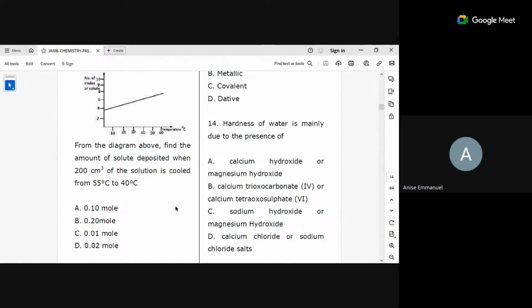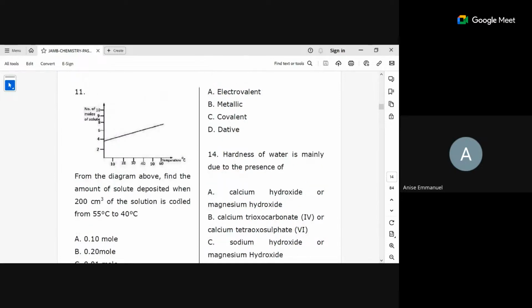From 15, you can now say, okay, 200 divided by 1,000.